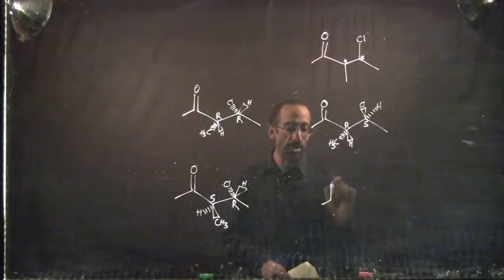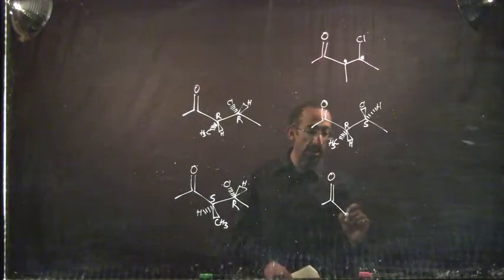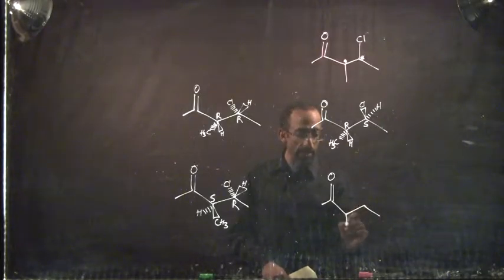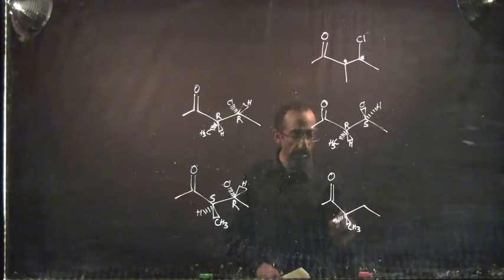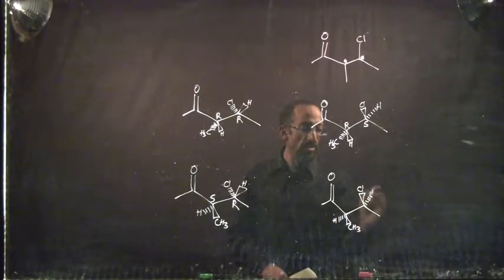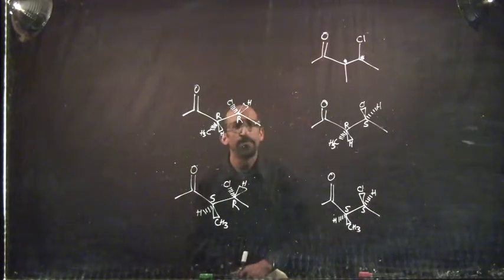And the fourth option would be my SS configuration, where my methyl group is on a wedge and my chlorine is on a wedge. And here now we have S and S.